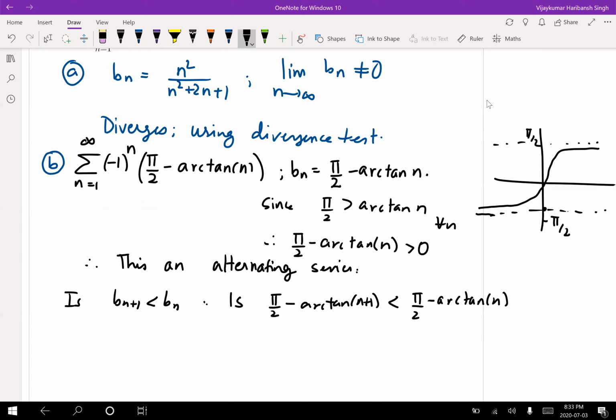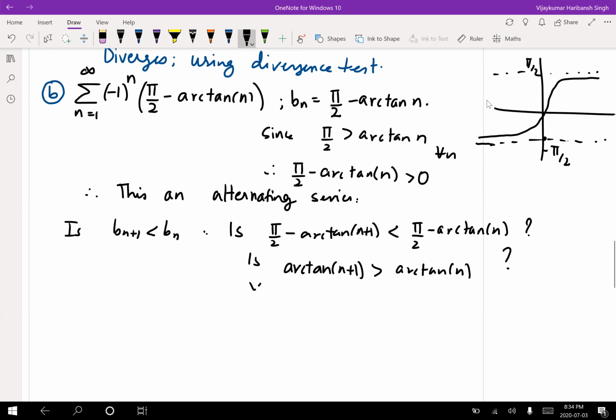Or is it true that arctan of n plus 1 is bigger than arctan of n? And the answer is yes.